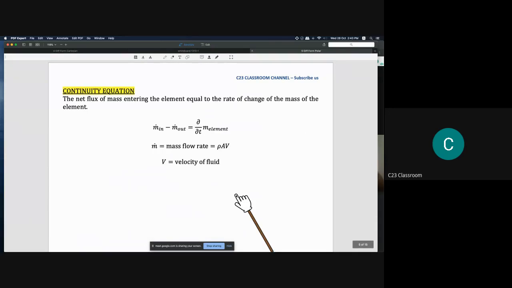The idea is still the same. We are using the idea of mass flow rate in minus mass flow rate out equals the change of mass inside the system. So m dot is the mass flow rate, and the equation will become rho A v, where v is the velocity of the fluid.